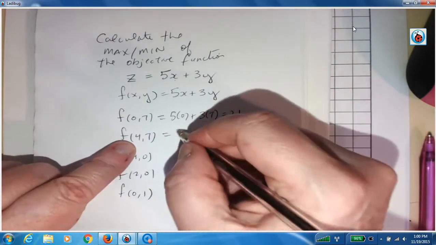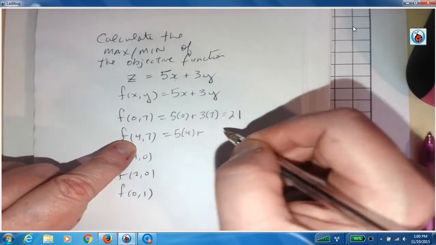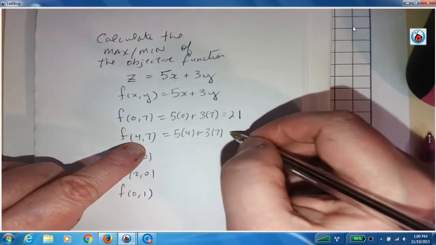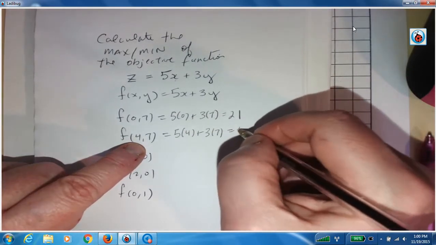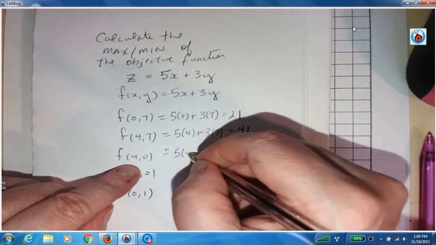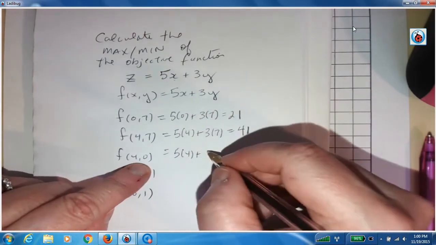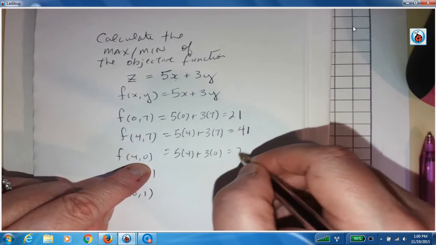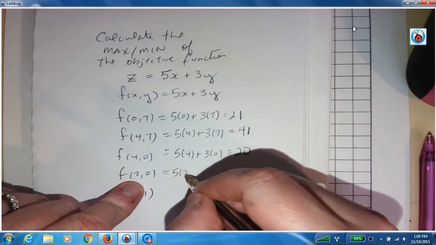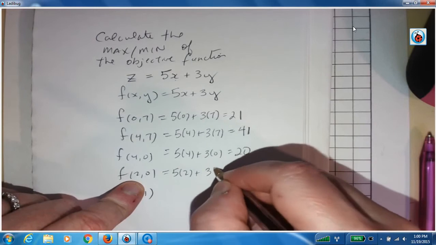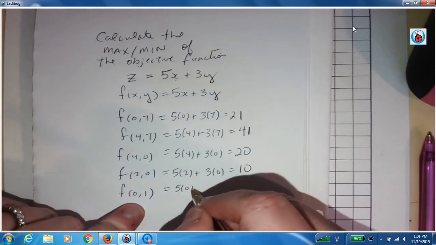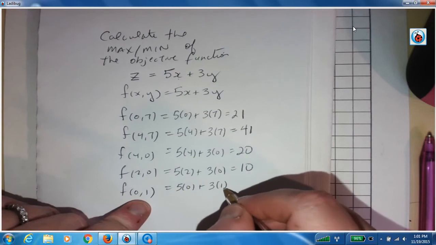Plugging this one in, I have 5 times 4 plus 3 times 7. So I'll have 20 plus 21, which will give me 41. This one, I'll have 5 times 4 plus 3 times 0. And this one, I'll have 5 times 2 plus 3 times 0. And this one, I will have 5 times 0 plus 3 times 1.